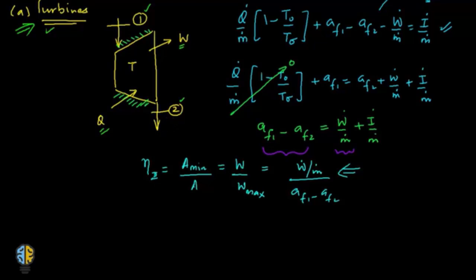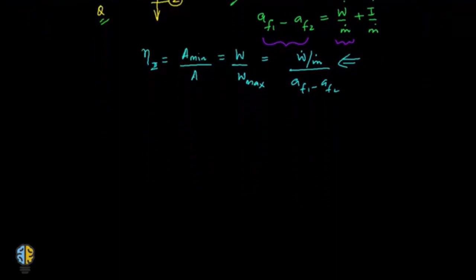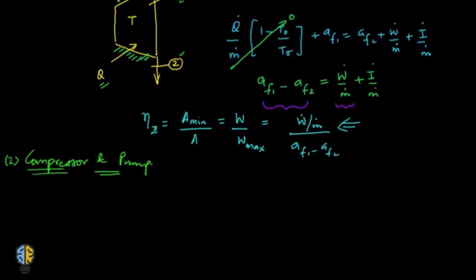So let's carry on the same analysis and now talk about a compressor and a pump. The second illustration is for a compressor and a pump. Now if you go back to the analysis of the turbine, let's rewrite this equation again.